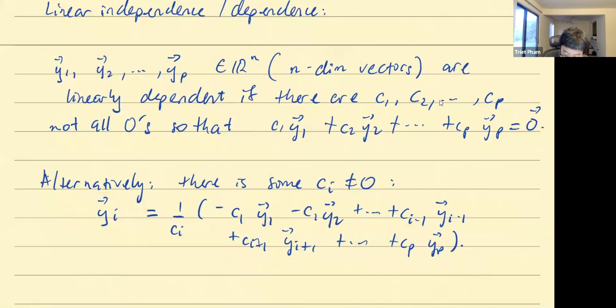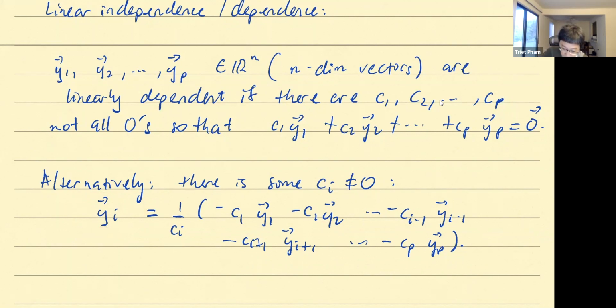Oh, I'm so sorry. I mean, all of them are negative. I'm just so caught up in the moment. They're all negative, sorry, because basically you subtract them over to this side and divide by Ci. You isolate the yi. Yeah, sorry, typo.